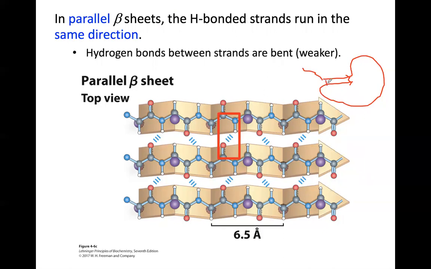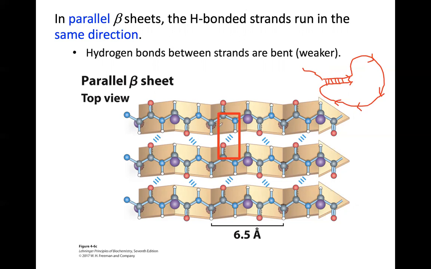And then there will be hydrogen bonds in between these strands. Now it doesn't have to be, but this is the same strand. It just goes away, does something else, adopts some other kind of secondary structure. Could be alpha helix, could be a couple alpha helices somewhere. Comes back, aligns in a parallel direction, and forms a bunch of hydrogen bonds with the original portion of the strand.